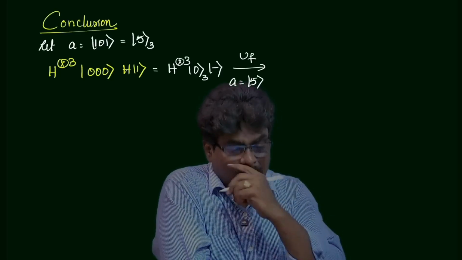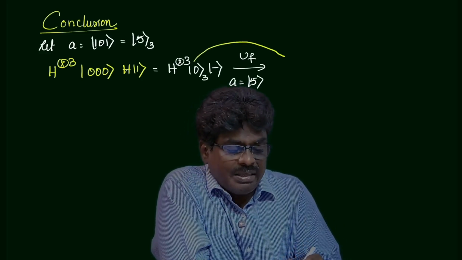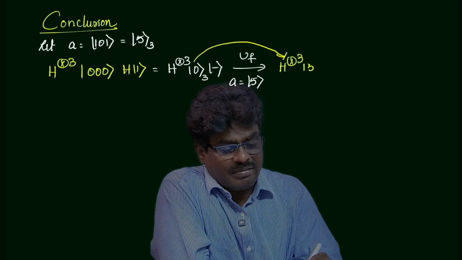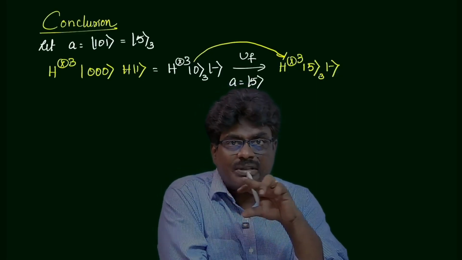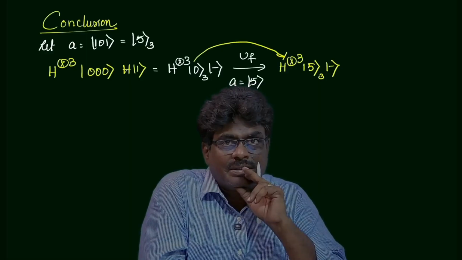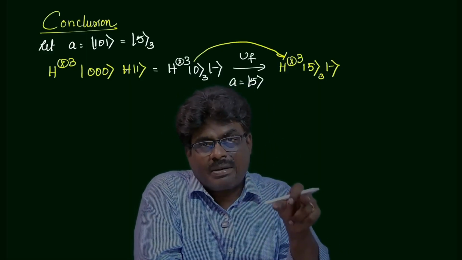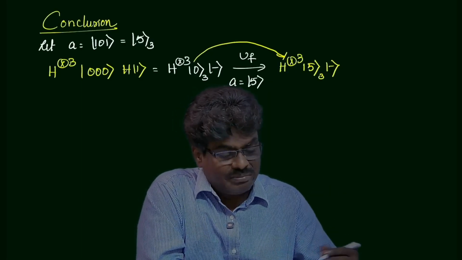Then what will happen, after this operation, this 0 is replaced with 5. If you observe carefully that earlier algebra, whatever we have done, you will understand. Take the linear combination and apply the phase factors, you will get again H tensor 3 5. Okay, so that's it.